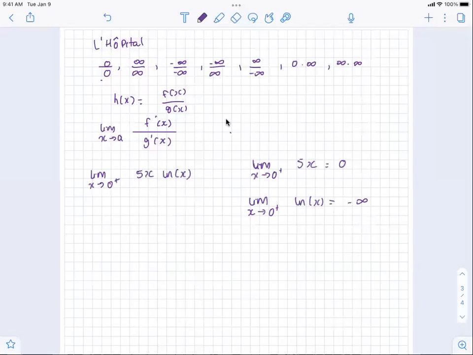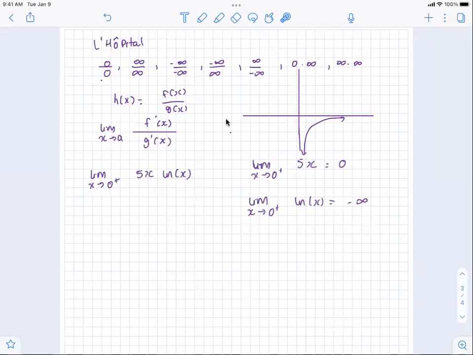Because if you graph the natural log curve, it goes something like that. That's a bad drawing, but as x approaches 0 from the right-hand side, it goes to negative infinity.